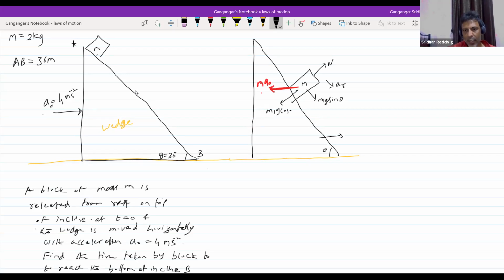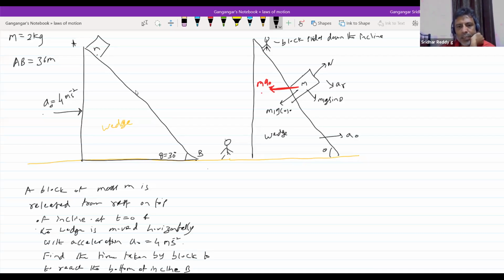And what is this incline? The incline will also be accelerating. It's not that the wedge will be attached. The wedge will be continuously moving. Now the person on the wedge, what does he say? The frames of reference are very important here. What this person says: the block slides down the incline.